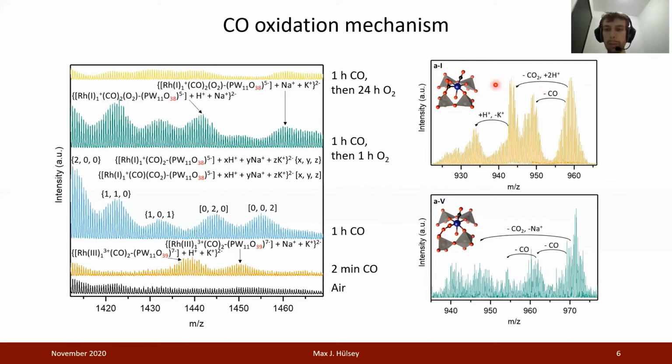One of those, for example, is the desorption of carbon monoxide, as indicated by going from this peak to this mass peak here. On the other hand, we can also have the formation of carbon dioxide. So this carbon monoxide molecule here takes 1 oxygen atom from the polyoxymetallate, forms carbon dioxide, and this carbon dioxide is desorbed, giving rise to this mass peak here.